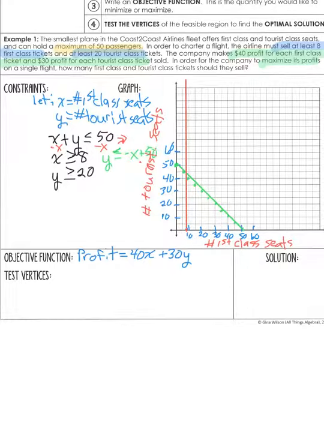No. And if this is first class, and this is tourist class seats, I can't have negative of those either. So oftentimes in the real world, we are stuck in the first quadrant because those are your positive numbers. So your x and y axes act as additional constraints.